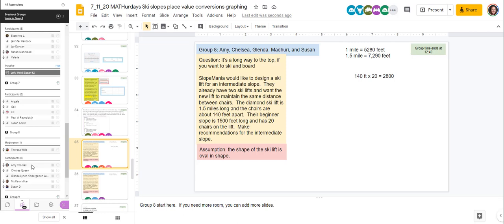Interesting. So you're thinking that that little beginner isn't really 1,500 feet. You're thinking of it as 1,500 feet down and then back up?